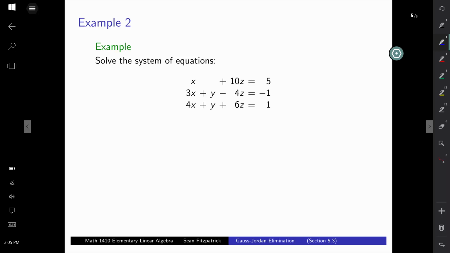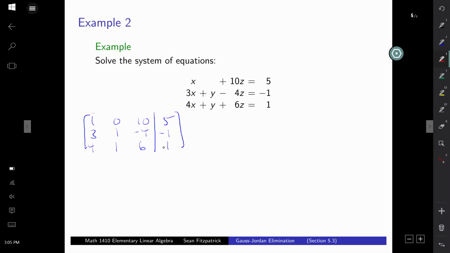Okay, one more example. What do we get here? So we follow the same procedure. Step 1, augmented matrix. 1, 0, 10, 5 for the first equation, 3, 1, minus 4, minus 1 for the second equation, 4, 1, 6, 1 for the third equation.